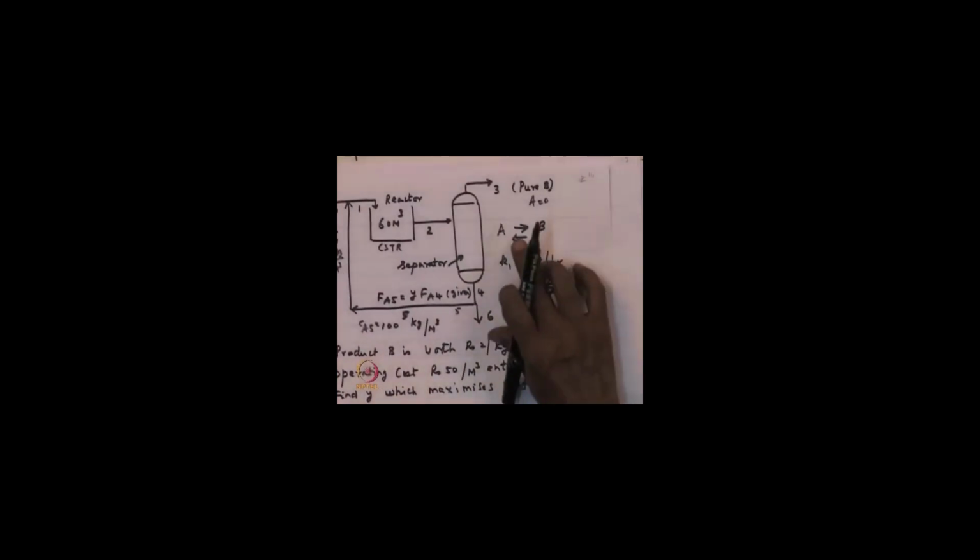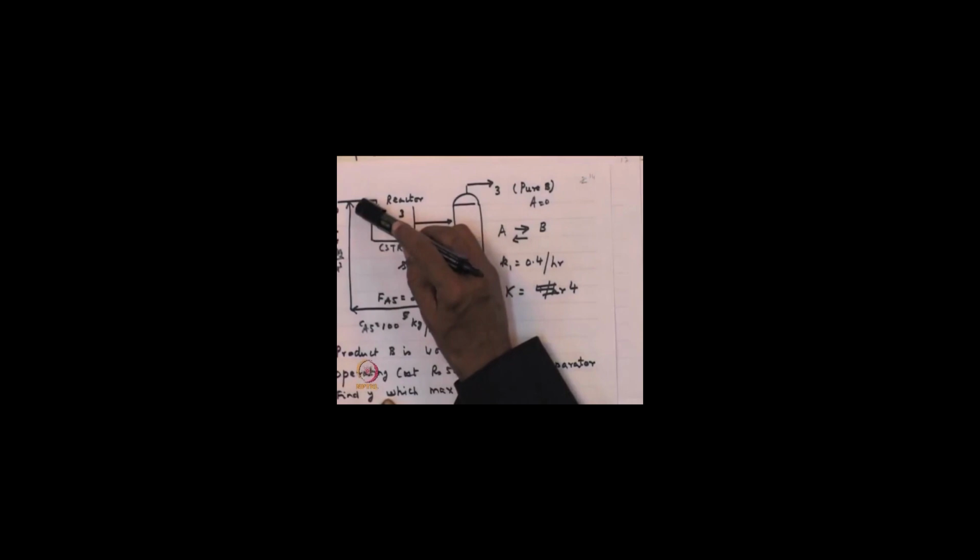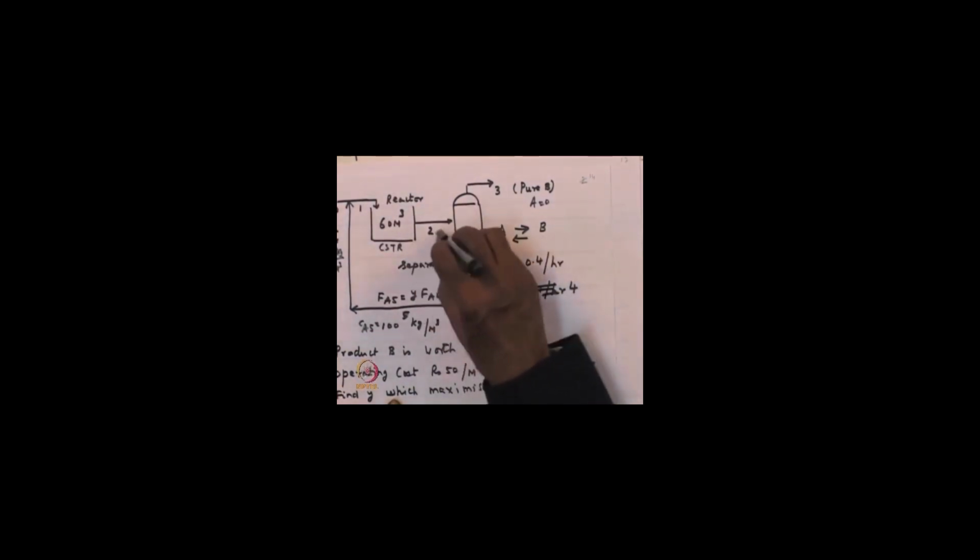And what is the volumetric flow? This particular reaction A goes to B, there is no volume change, therefore, whatever is the volumetric flow at position 1, we should expect that will be the volumetric flow at position 2, because there is no volume change in the reaction. Okay.